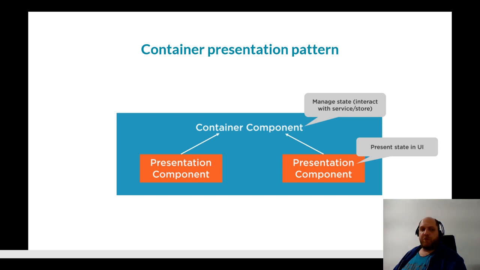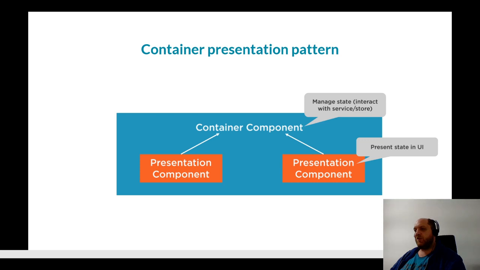And this is very important if we come to discuss this pattern, which is very popular in Angular, called the container presentation pattern. In this pattern, we have basically two types of components. We have the container component, or the parent component, and this component is responsible for handling the data retrieval or data update, and everything that has to do with data is handled by this container component.